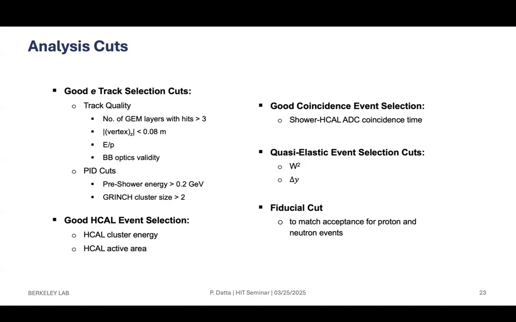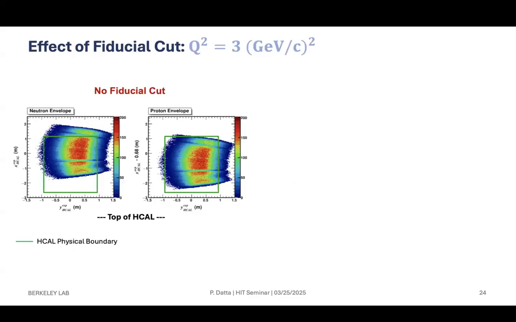So just let me give you an example. This is for Q squared equals 3 GeV squared, the lowest Q squared we took data on. On these plots, I'm showing the envelope of the expected neutron and proton positions, and this green rectangle shows the physical boundary of the HCal. The proton envelope is shifted because of the SBS dipole magnet, so you can see the acceptances of the neutron and proton are not really matched without any cut.